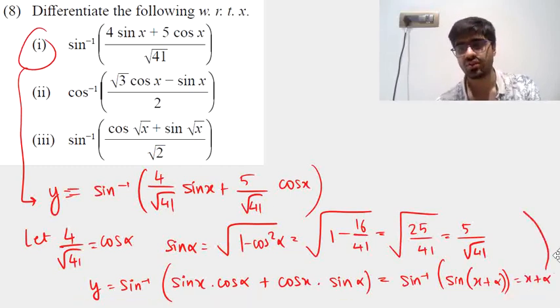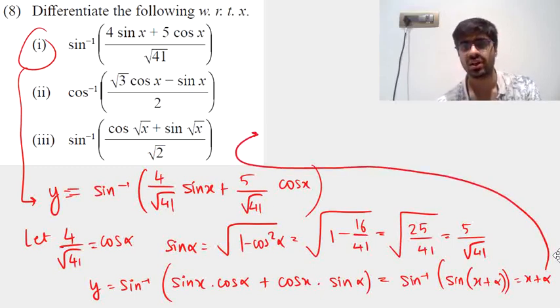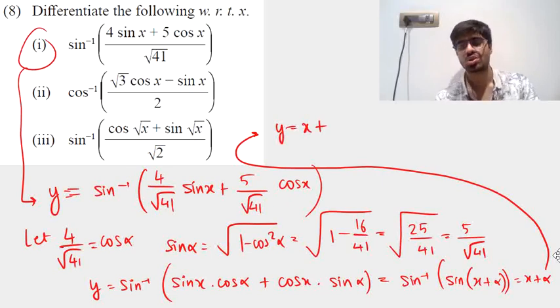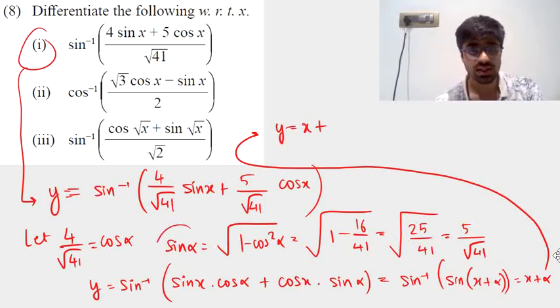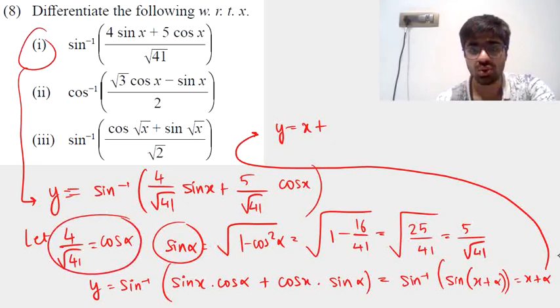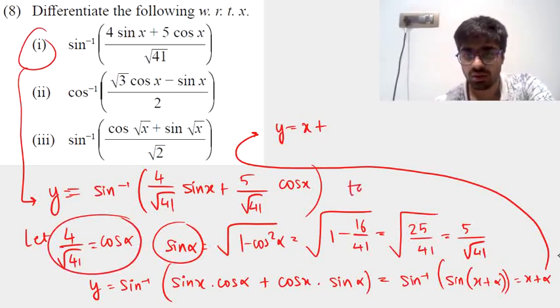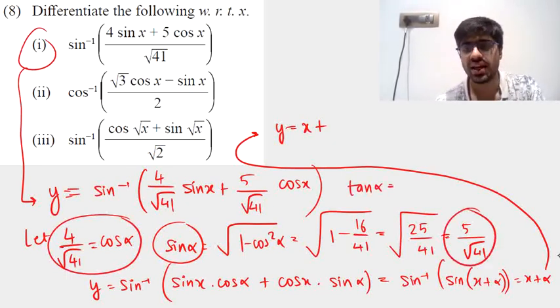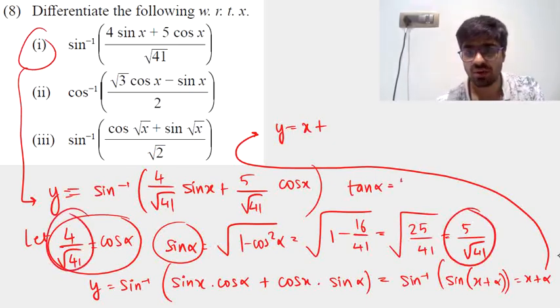Now alpha is a term that we have introduced, so we need to first eliminate alpha. I know it's a constant, but we still need to eliminate that. So y will be x plus, you can see that sin alpha is 5 by root 41, cos alpha is 4 by root 41. So tan alpha, divide the two of them, that's going to be sin alpha upon cos alpha, that will be 5 by 4.